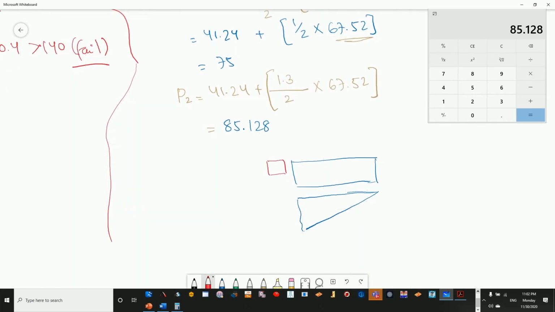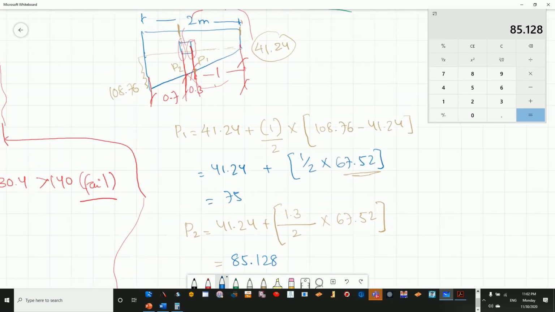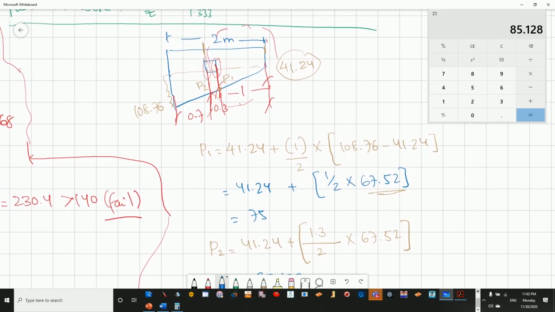The second part is a rectangle, and then we have a trapezoid. Now let's concentrate on whatever we have drawn.